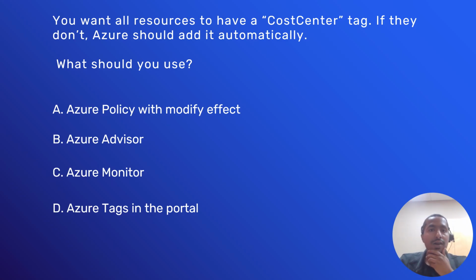So just remember, anytime you see a phrase like automatically add or enforce tagging standards, your mind should go straight to Azure Policy and specifically the modify effect when the goal is automatic correction. This is a common governance feature and also a common exam topic, so keep an eye out for it.